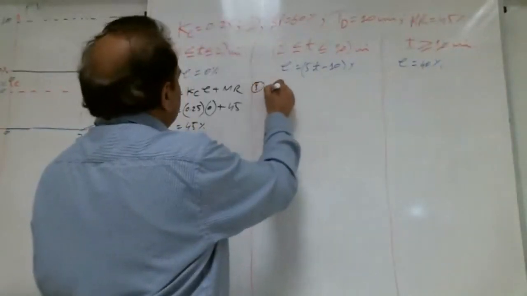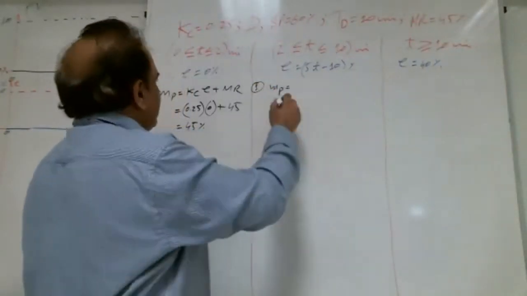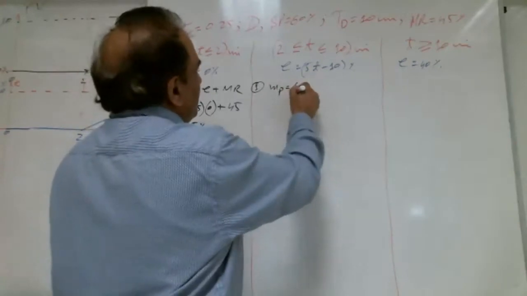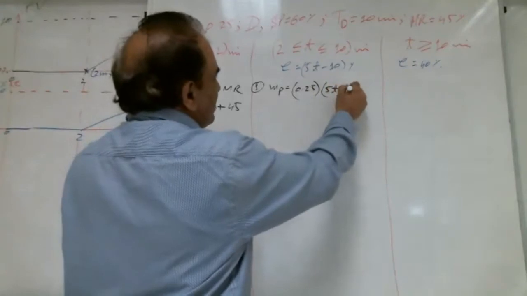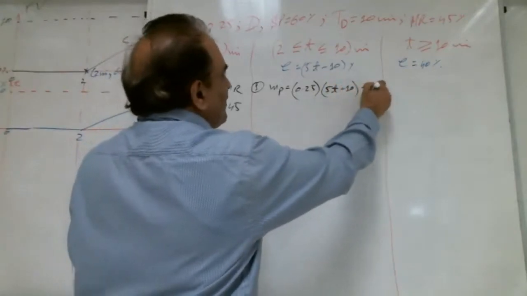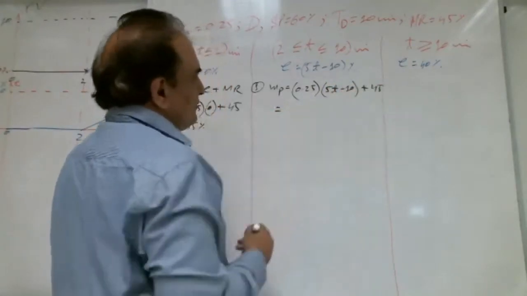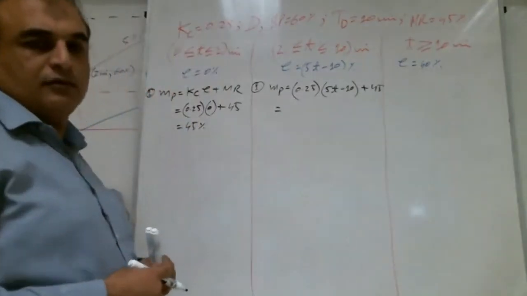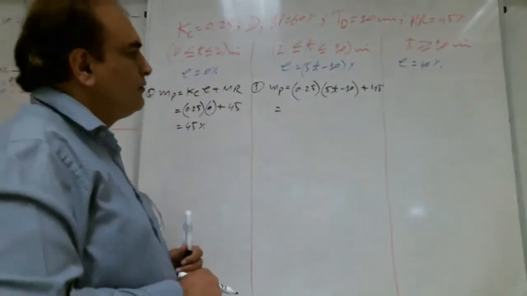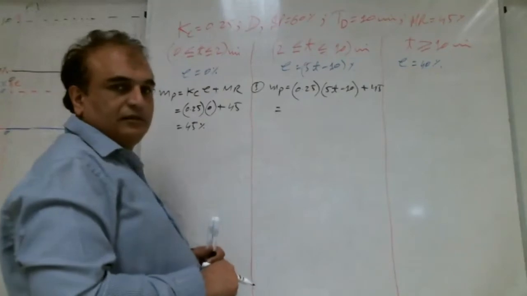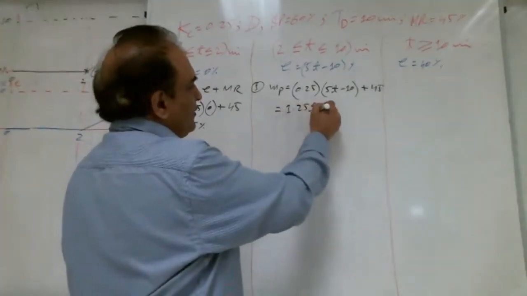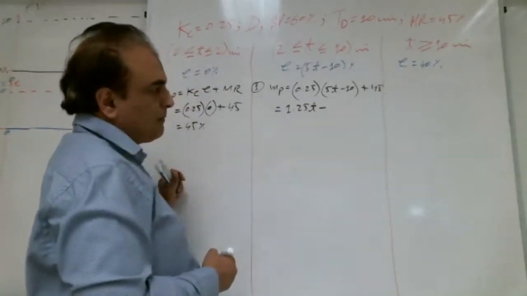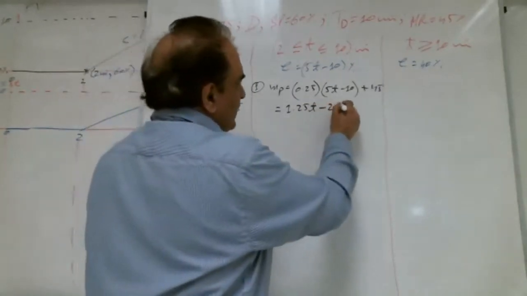First step. Now we are doing simple mathematics. KC how much, Shabab? 0.25. How much error? 5t minus 10. MR, how much is this? 1.25t minus 2.5 plus 45.